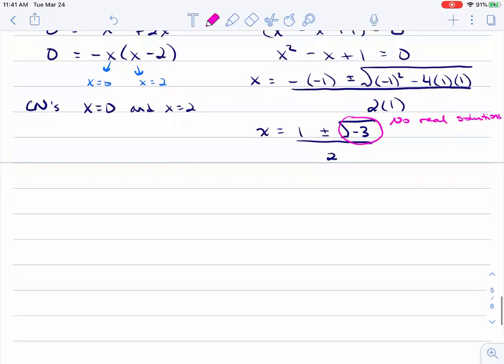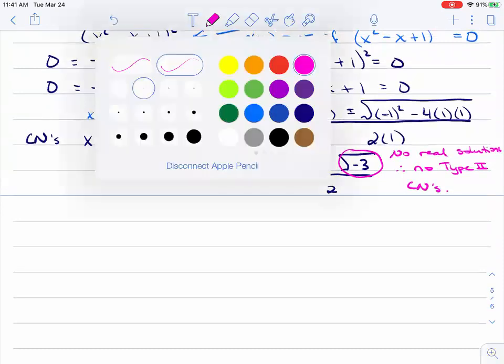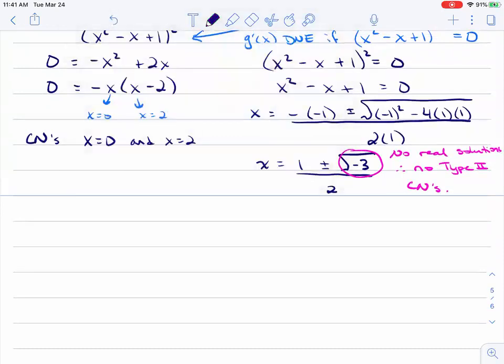Therefore, no type 2 critical numbers. Right. So that's fine, that can happen. We still need to check it though.